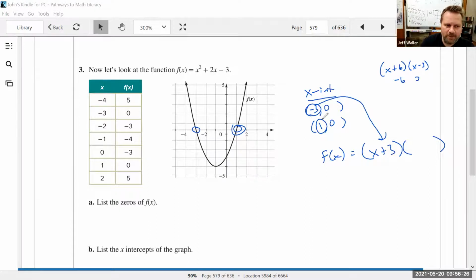Now somebody else tell me what would have to be here to make 1 make it 0? X plus 1 would make it 2. I want something that would make it 0 when I put a 1 in there. X minus 2 would be -1 when I put a 1 in there.